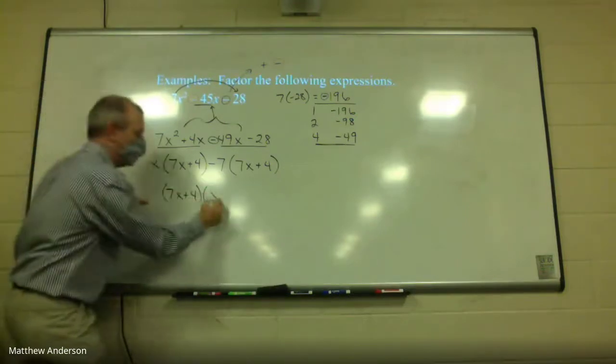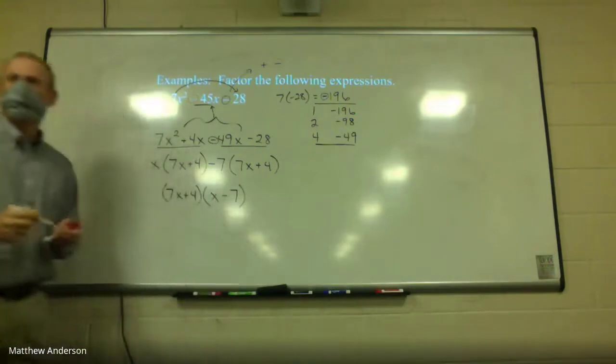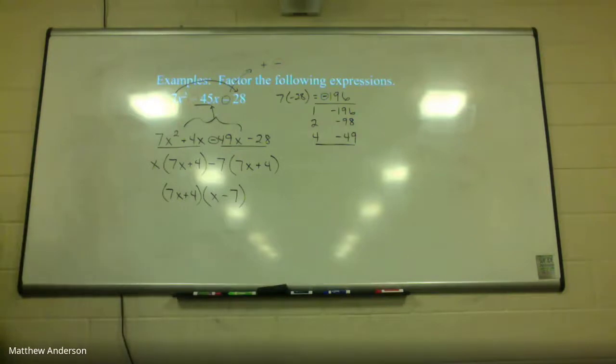Just the x, and then here, minus 7. So even if there's a number in the front, that's okay. We're going to do the same process. It's not going to make any difference. Okay? Does that make sense? Or at least hopefully starting to make sense as you see the pattern repeated over and over.